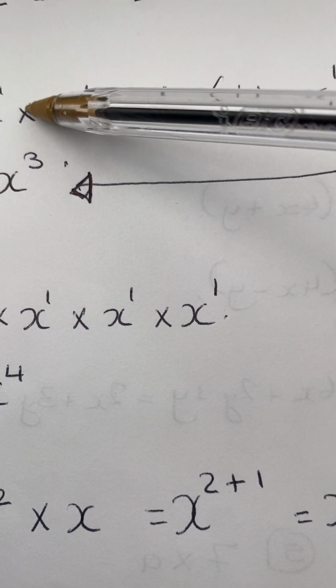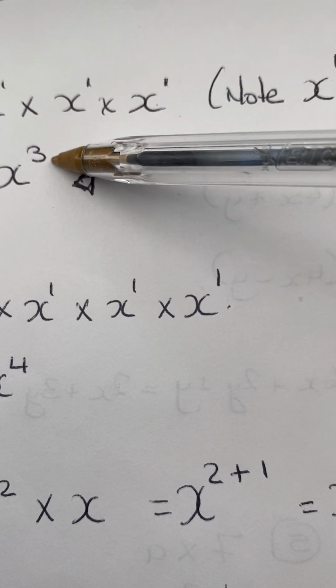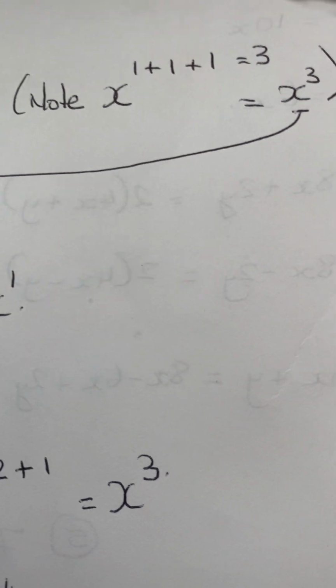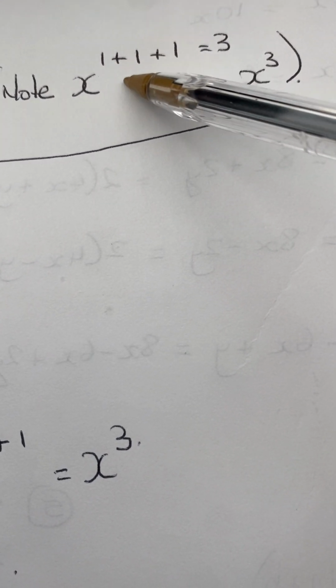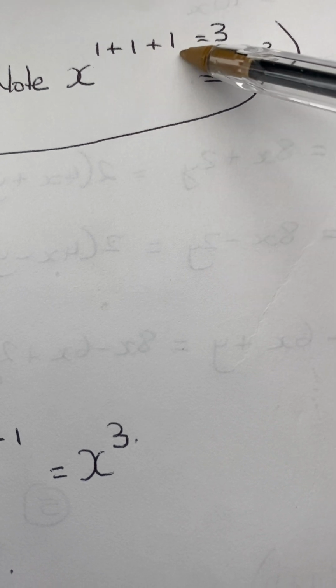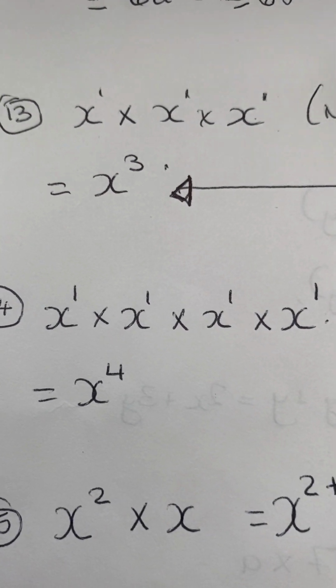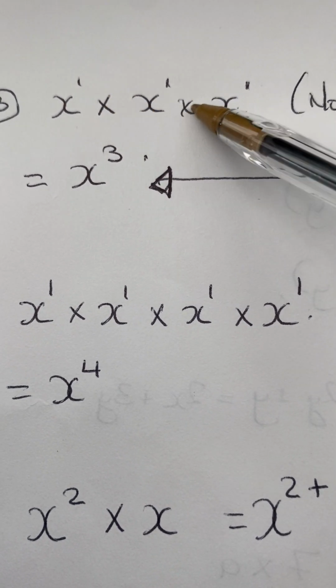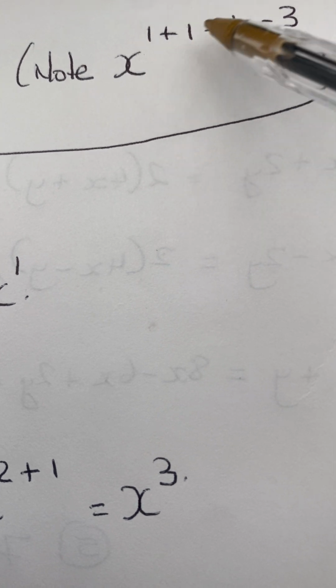So if you add 1, 2, 3, you have x to the power 3. So I said here, note, 1 add 1 add 1, which will be x to the power 3. So if you have x's multiplying 10 times, your answer will be x to the power 10.